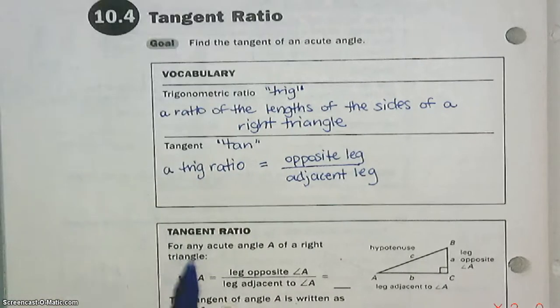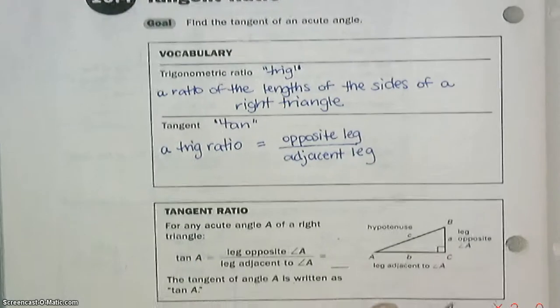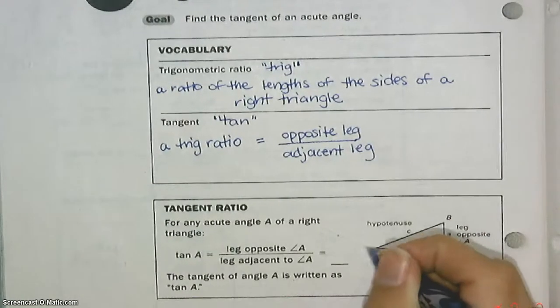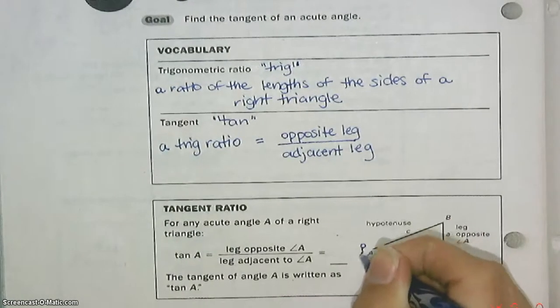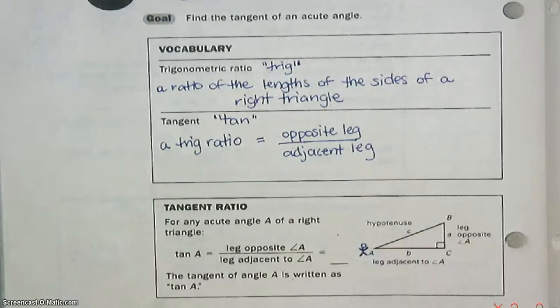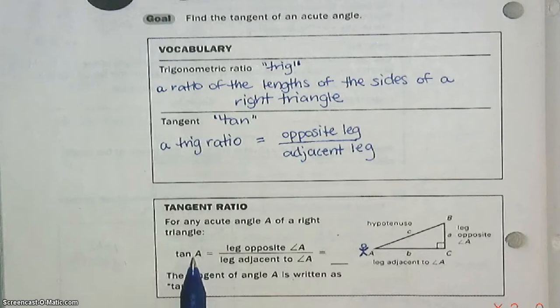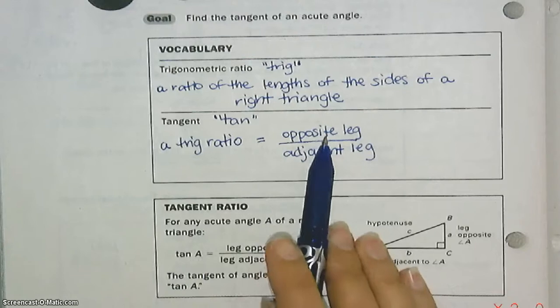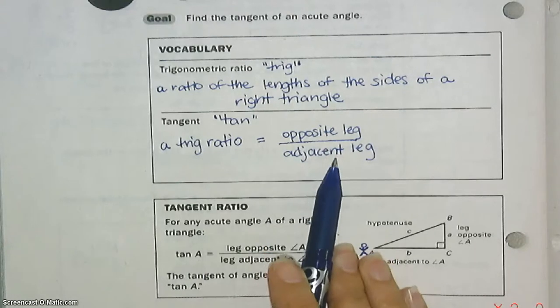So notice here, it says tangent A. That means we're standing here at A. So we're going to draw ourselves. There we are, we're standing at A. And the tangent is just a ratio, like 1 to 1, 1 to 7, 8 to 10. And that ratio is opposite leg over adjacent leg.